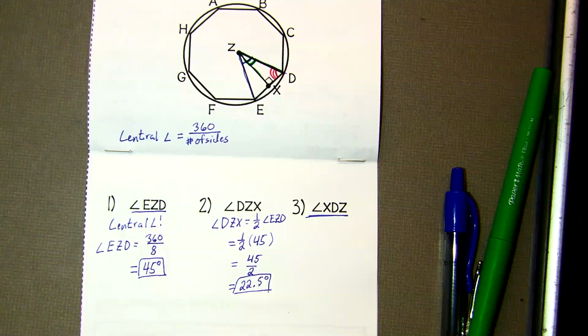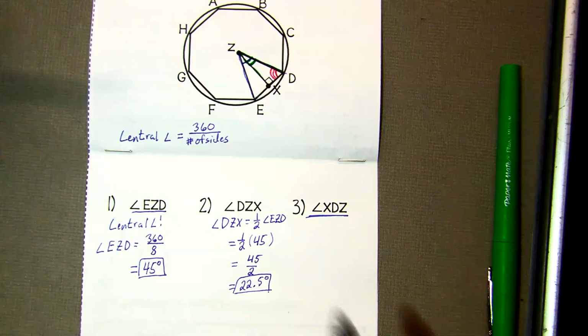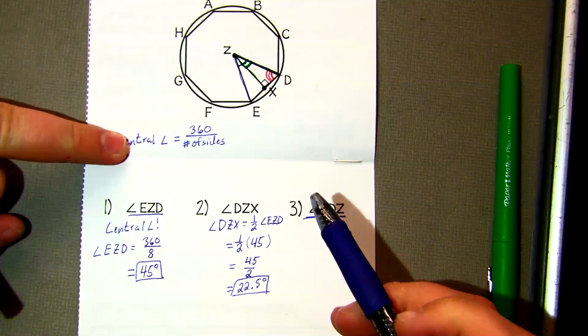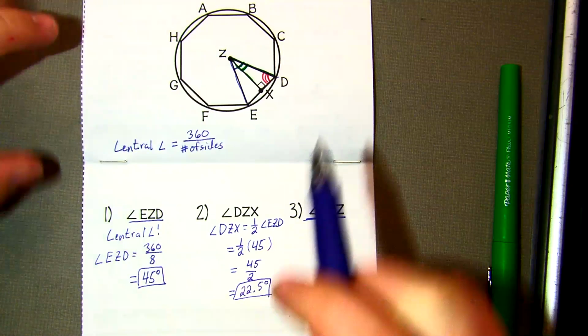One of the answers I'm seeing in the chat is, wouldn't it be the same as the second? And while that's a good thought, we don't necessarily have enough information to say if these two angles are congruent. What do we know though?